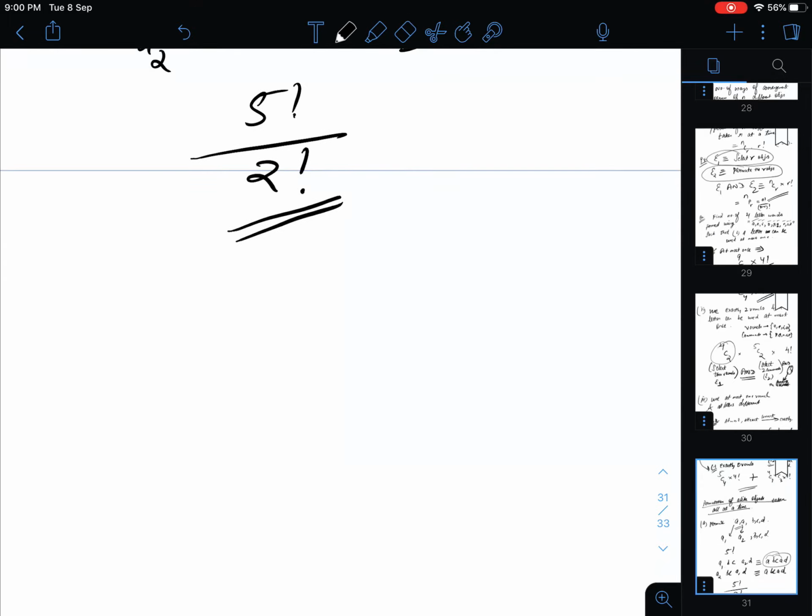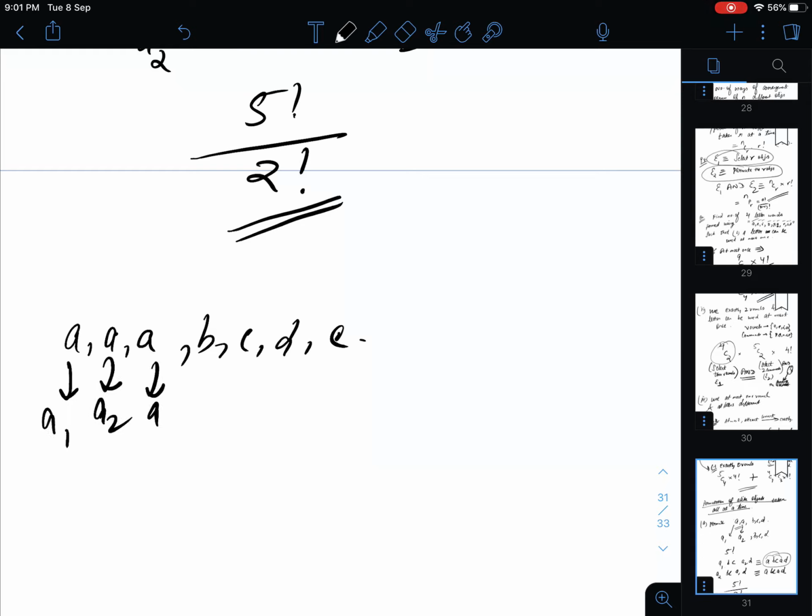Similarly, if I tell you that you have 3 A's and B, C, D, E. Again, the 3 A's will permute amongst themselves to give identical permutations. That is, suppose let's call it A1, call it A2, and call this A3.